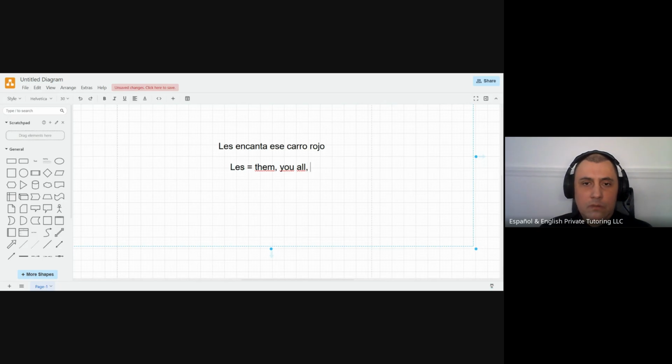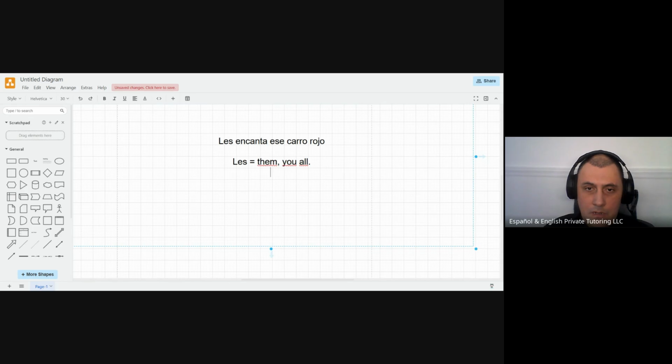Them in English is used for both masculine and feminine. Spanish is more detailed than that. Them can also be used for things and animals in English. But in Spanish, it is more complex.